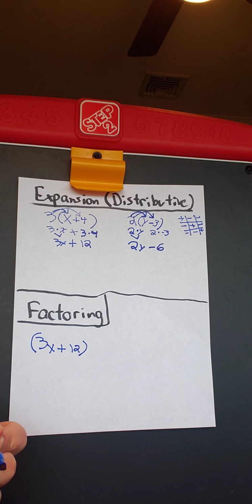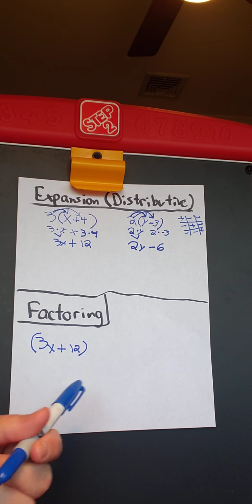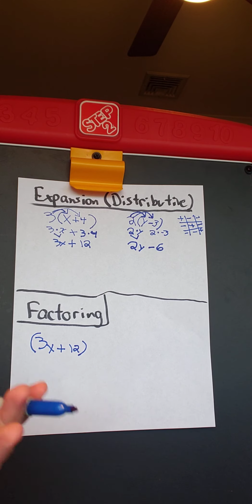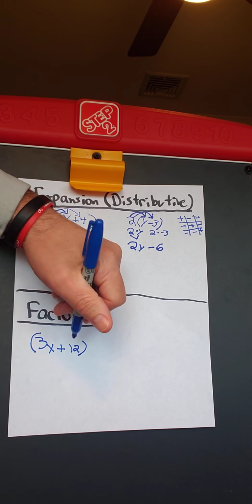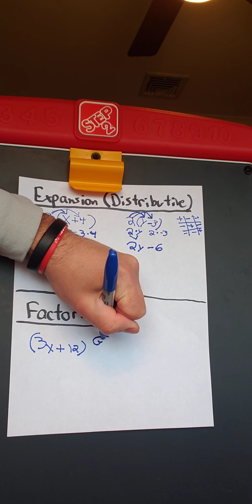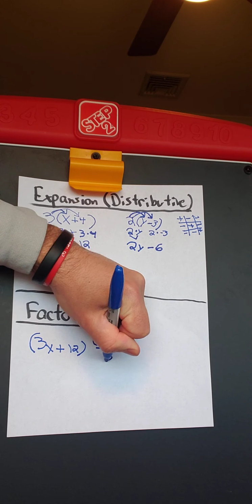You want to find the greatest common factor, so the biggest number that you could divide evenly into both 3x and 12. So the only number you could divide evenly into 3 would be 3. So your greatest common factor, the GCF, is 3.